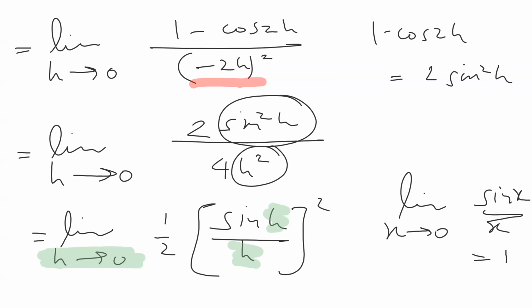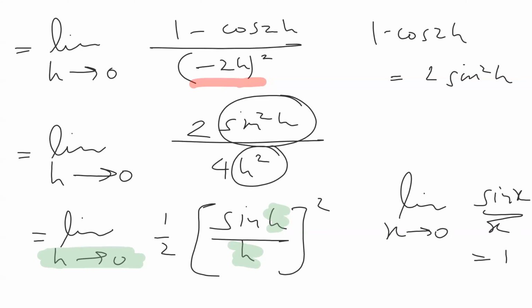So this will be half into 1 square, which is half. So this half is remaining as it is. Sin h upon h is 1. 1 square is 1. So that's how we complete the second problem. 1 square into half, that is half.